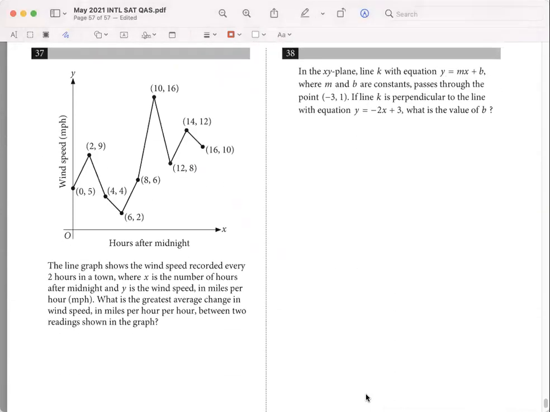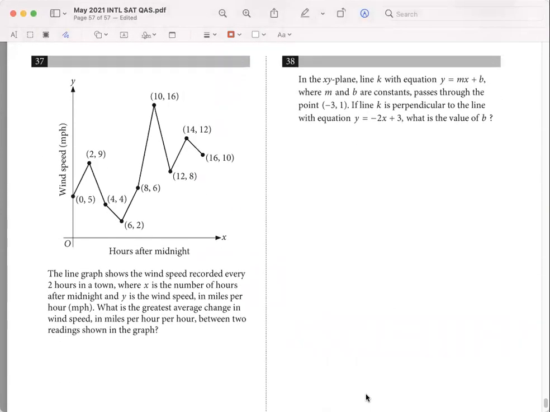Let's go to 37. The line graph shows the wind speed recorded every 2 hours in a town where x is the number of hours after midnight and y is the wind speed in miles per hour. What is the greatest average change in wind speed in miles per hour between two readings shown in the graph? I think the greatest average change would be the one with the steepest slope, and it would be this portion of the graph, because at no other point is the graph as steep as this.